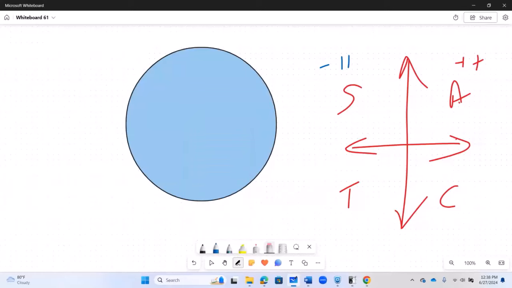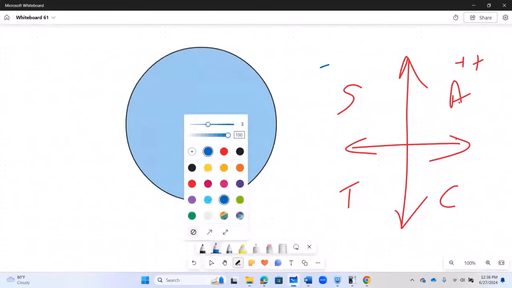So we have minus plus. So x-axis is negative. And right here we have the signs of this quadrant, a plus negative.